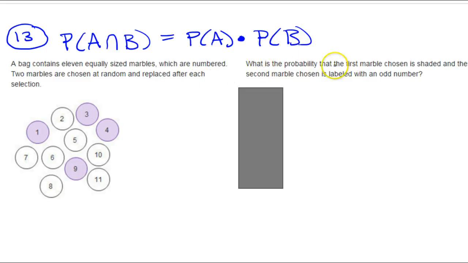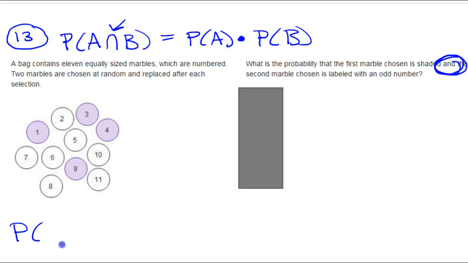What is the probability that the first marble chosen is shaded and the second marble chosen is odd? Okay, they were kind enough to use the word "and" as a hint that we're supposed to use this formula. So the probability that the first marble is shaded and the second marble is odd.